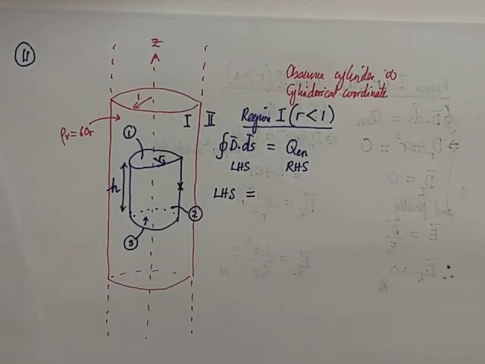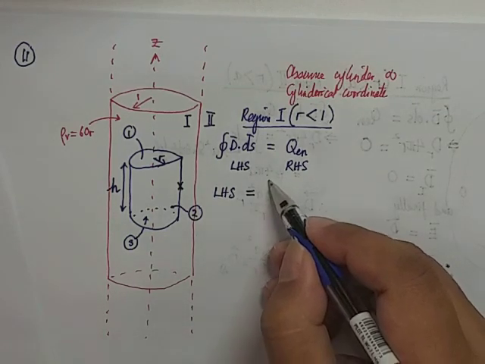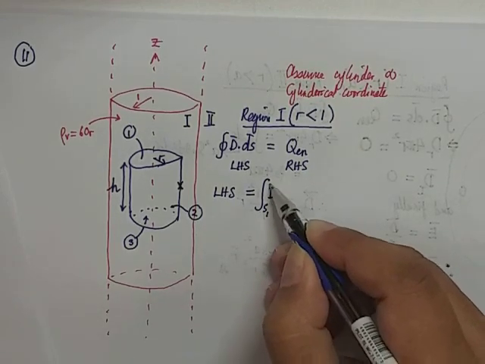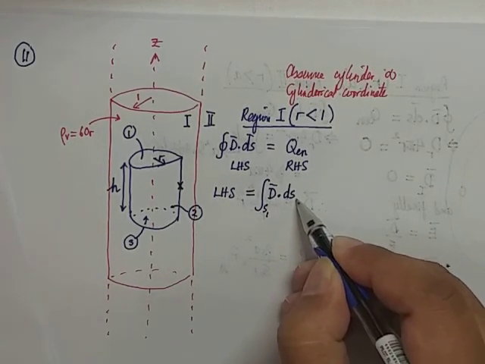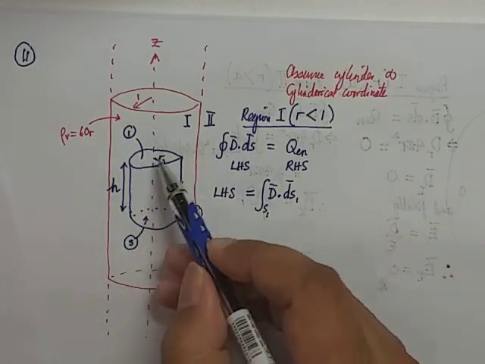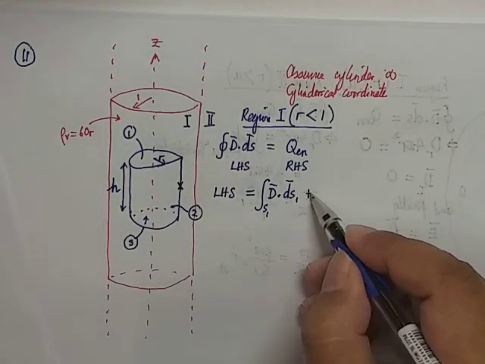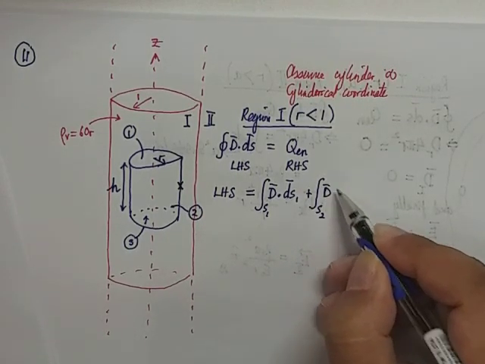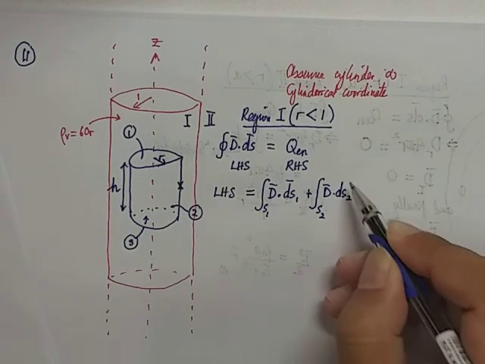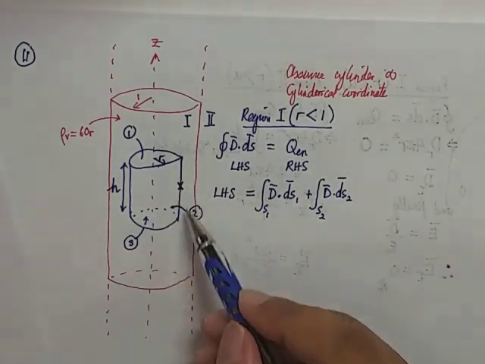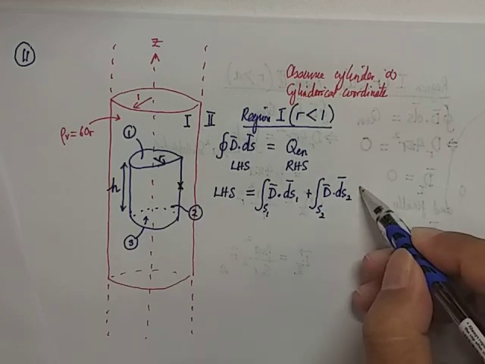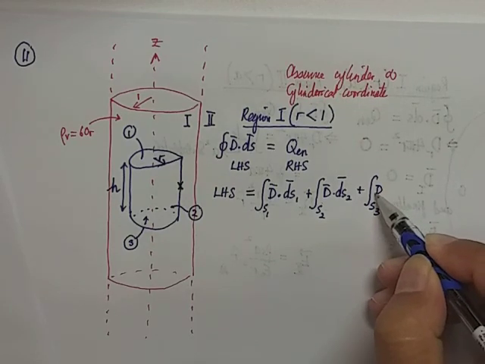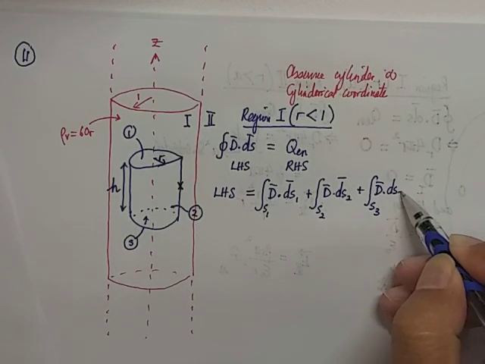So I'm going to split that mathematically: surface 1, D dot dS1, that refers to this particular surface, plus surface number 2, D dot dS2, which refers to the curved surface of the cylinder, and finally surface number 3, the bottom surface of the cylinder, D dot dS3.